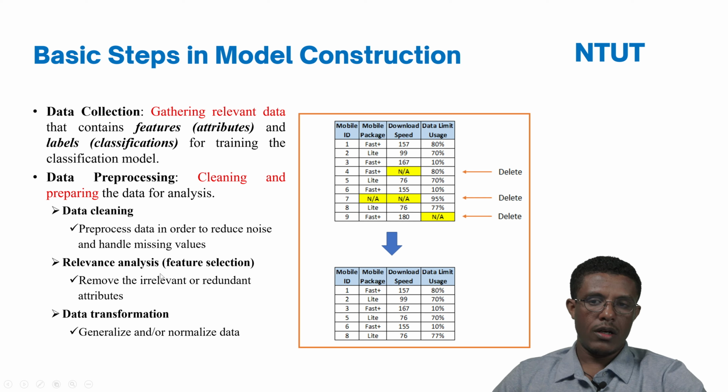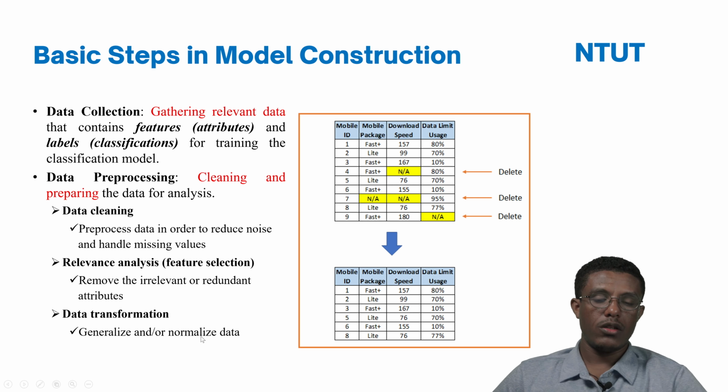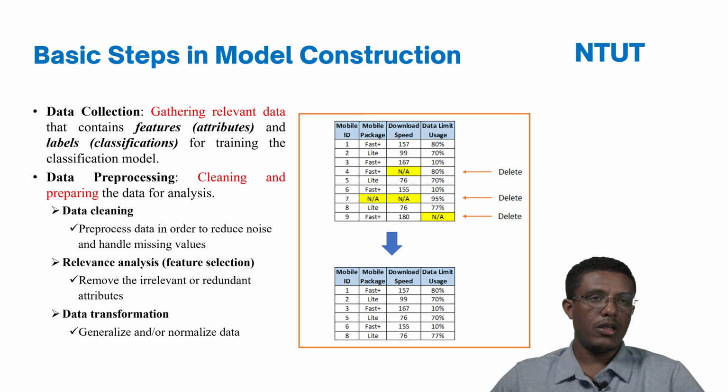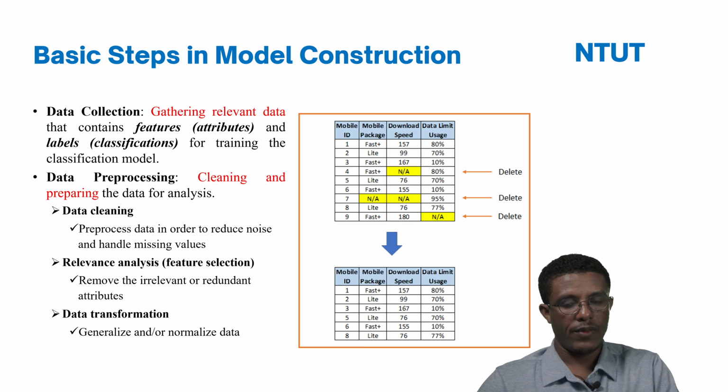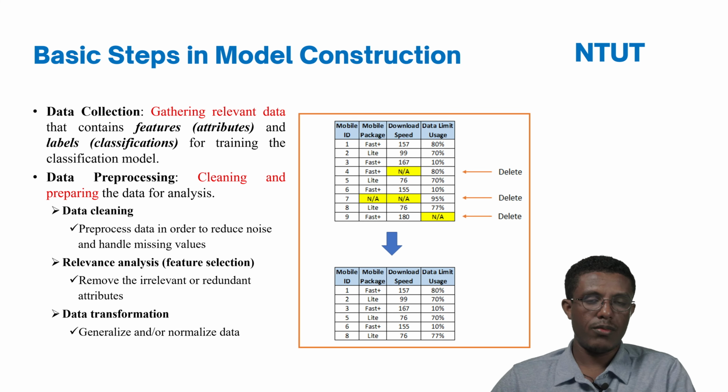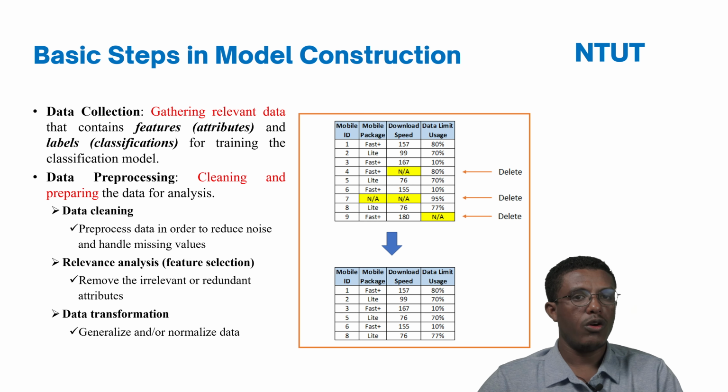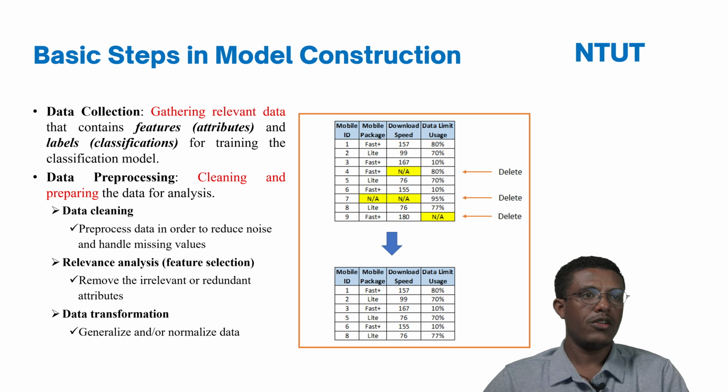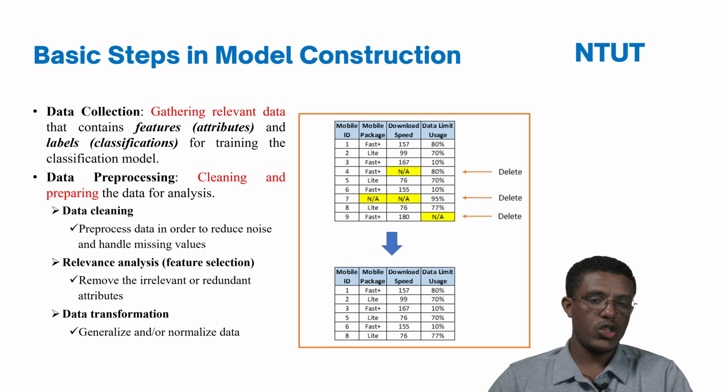The other procedure in data pre-processing is data transformation. This is just generalizing or normalizing the data. Data transformation is actually done in the coding part, because there is data normalization, for example min-max normalization, which changes the data in the way the machine can understand. Mostly the machine understands values between 0 and 1.